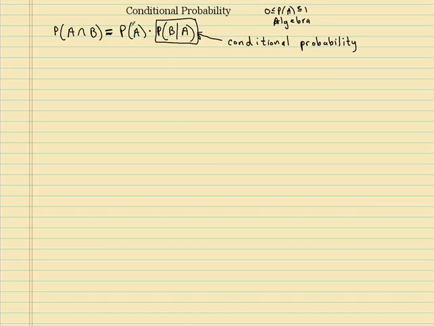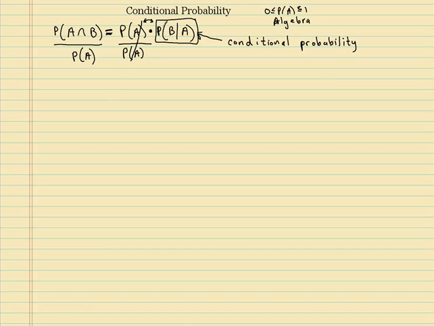Say I want to get rid of this number and move it to the other side. Since these are being multiplied, we can divide by the probability of A on both sides. Any number divided by itself turns into a 1.